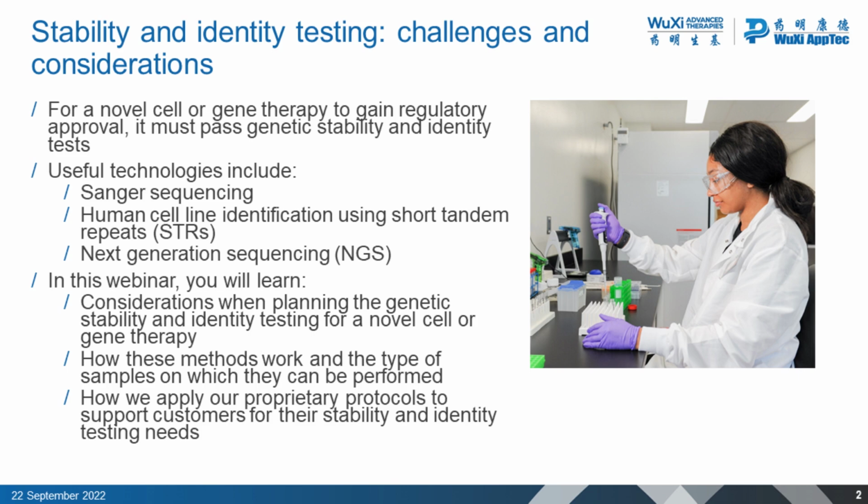In this webinar, you will learn about the considerations when planning the genetic stability and identity testing for novel cell and gene therapy products. I will walk you through a high-level overview of how these methods work and the type of samples on which they can be performed. And finally, I will describe how WuXi applies proprietary protocols to support customers in their stability and identity testing needs.